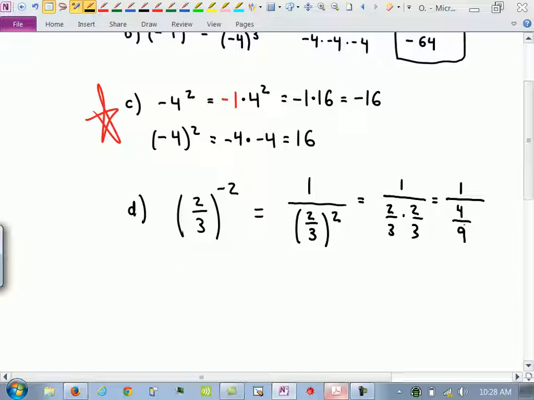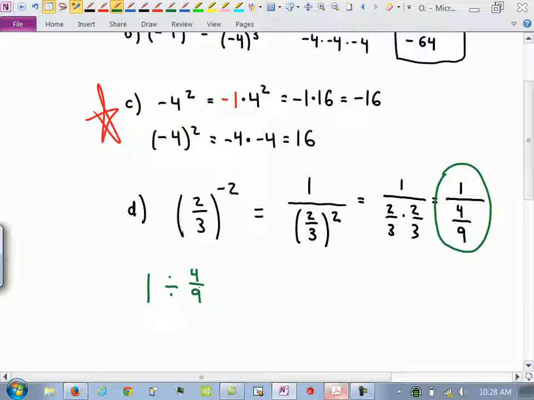Does anyone remember what happens when you take 1 and divide it by a fraction? What I'm doing is this, 1 and I'm dividing it by 4/9, right? That's what I'm doing?